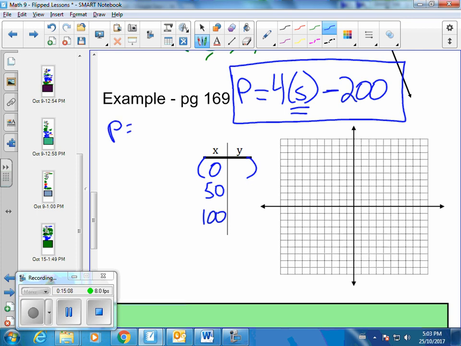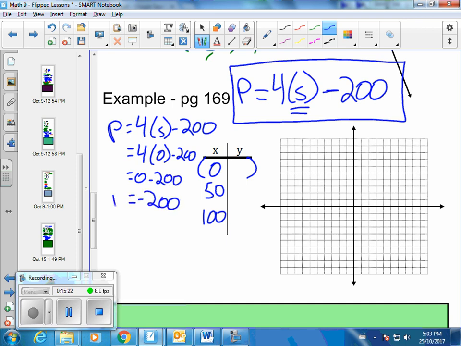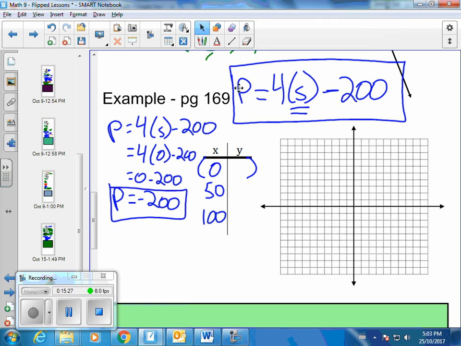P equals 4 times S minus 200. 4 times 0 minus 200 equals 0 minus 200. So our profit is negative $200, or the dance lost 200 bucks. Makes sense, right? If they're paying 200 bucks for music and none of the kids show up, they're probably losing 200 bucks. So that makes sense.